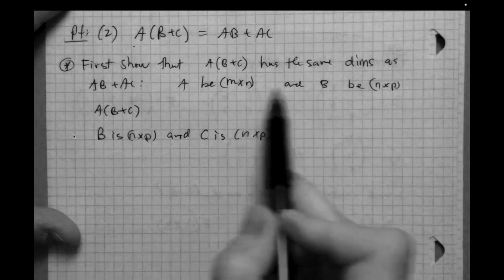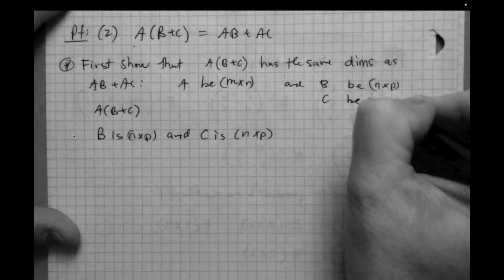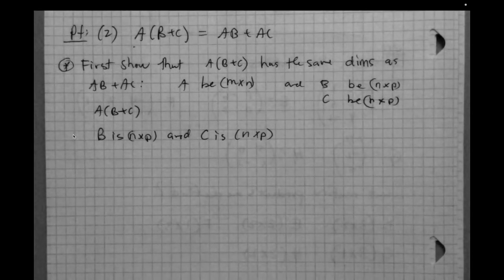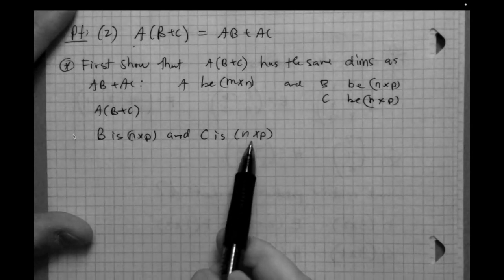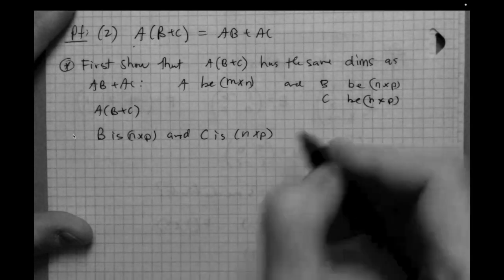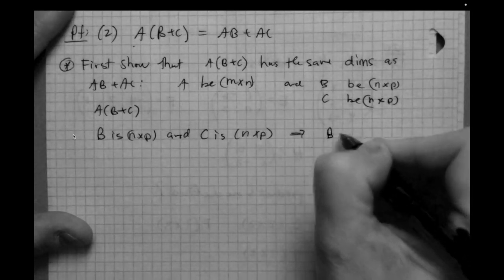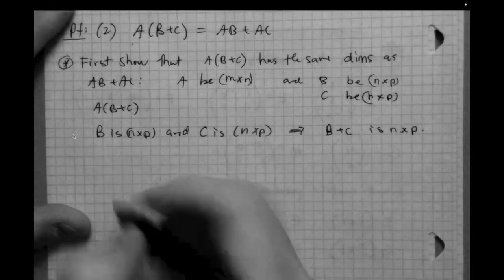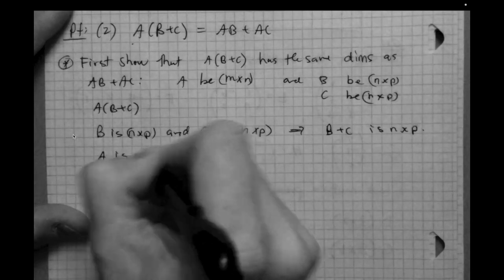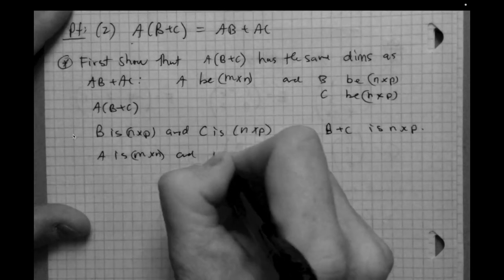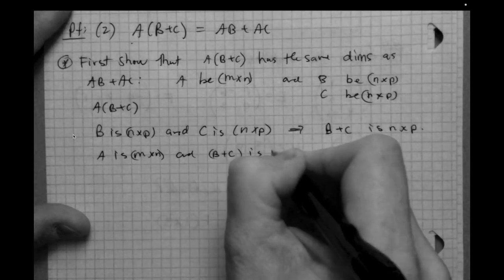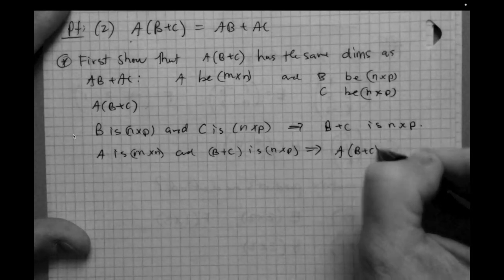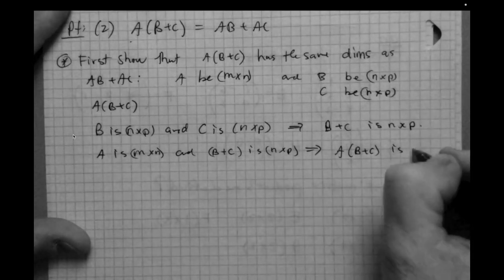Sorry, I forgot to say that we want to let C be n by p as well. So we'll start with A times (B plus C). B is n by p and C is n by p, and so when I add them together, that implies that B plus C is n by p. A is m by n, and B plus C is n by p, as we just showed. That's going to imply that A times (B plus C) is m by p.